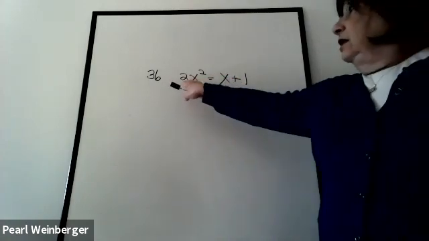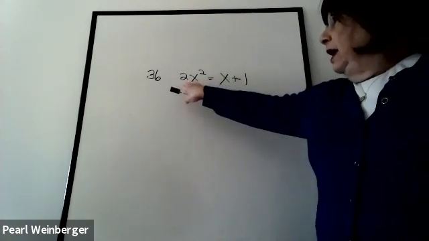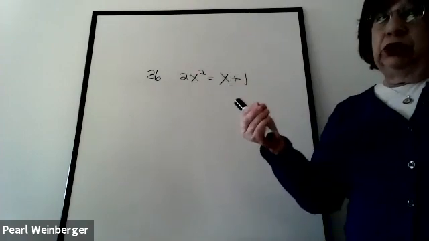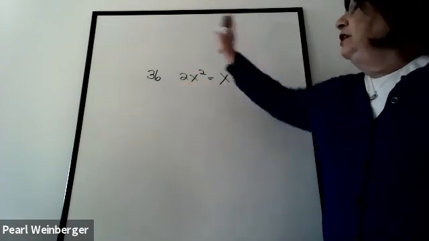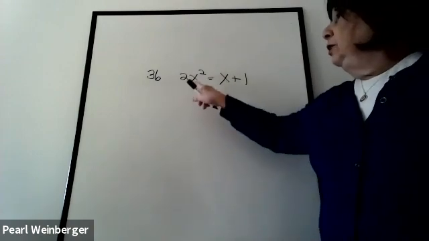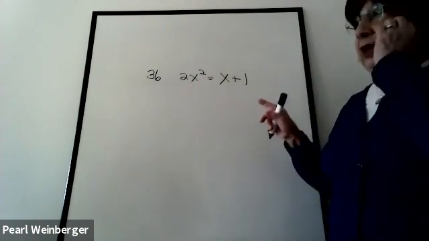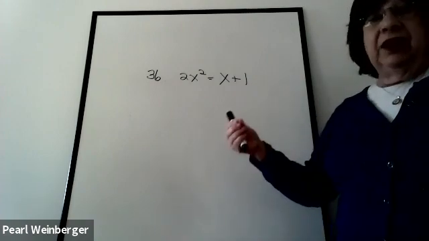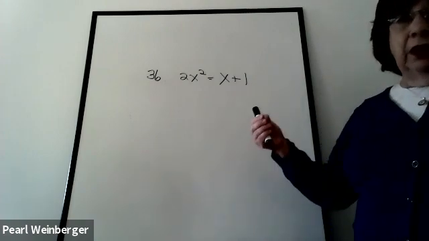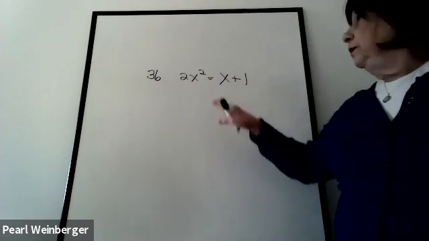And since the 2x squared is positive, we always want our x squared term to be positive. I'm going to leave it where it is and bring everything to that side, the side that will make the x squared a positive term.